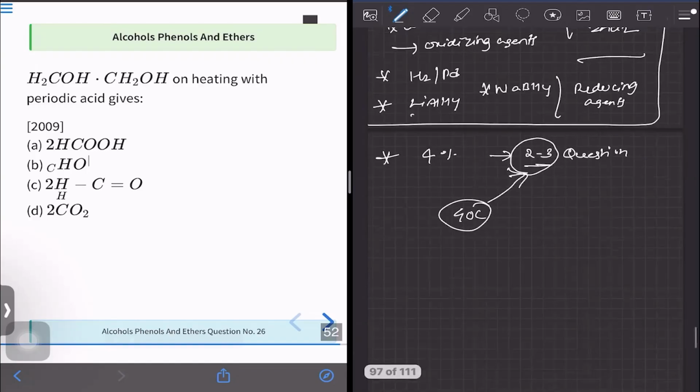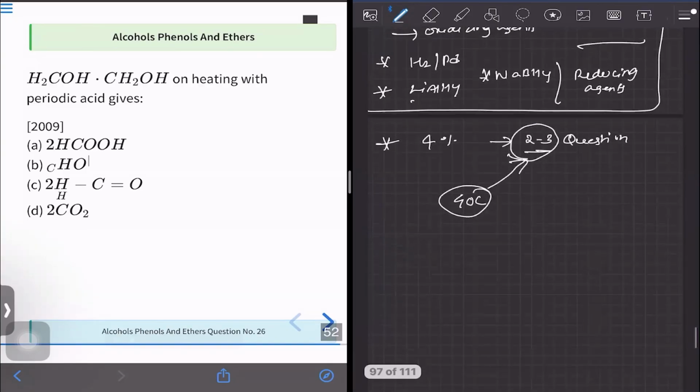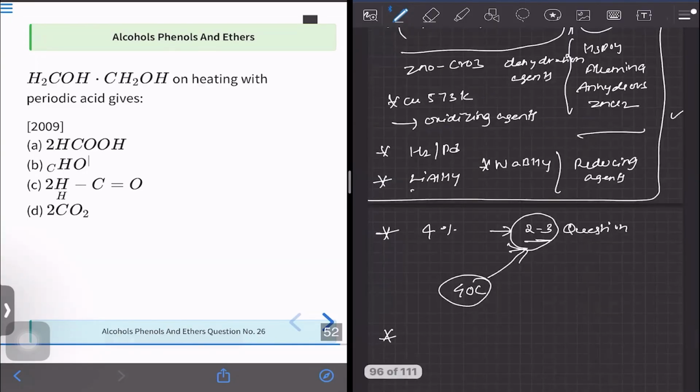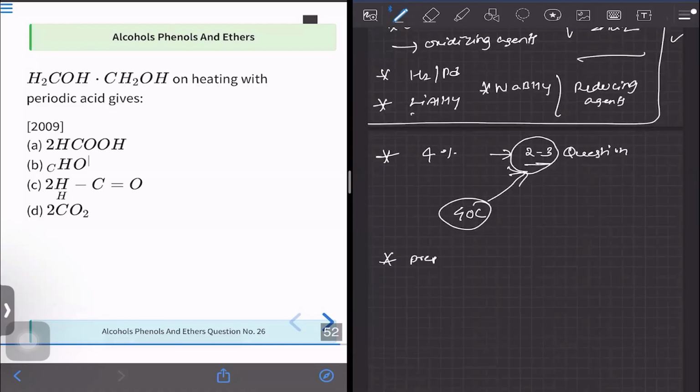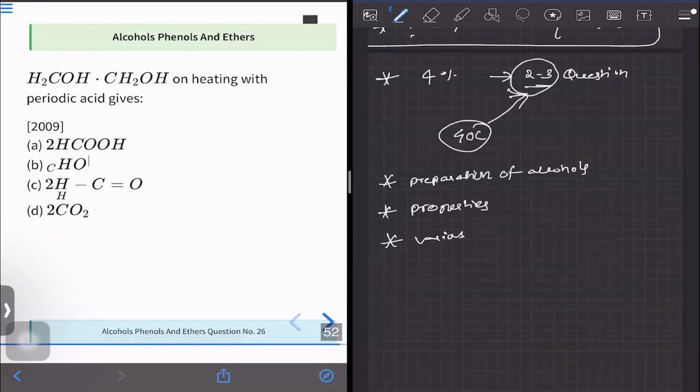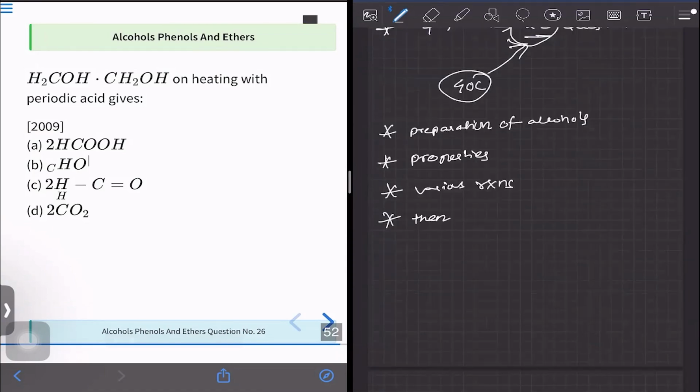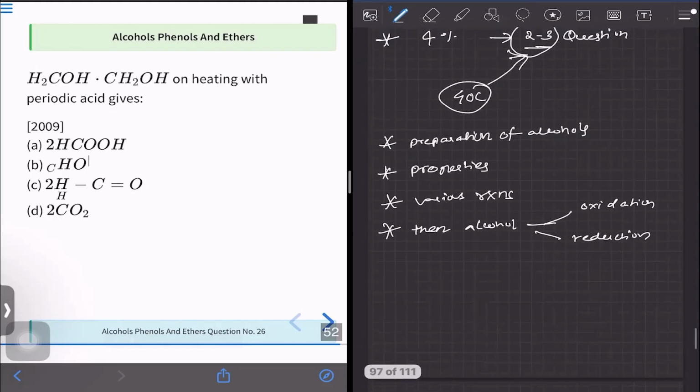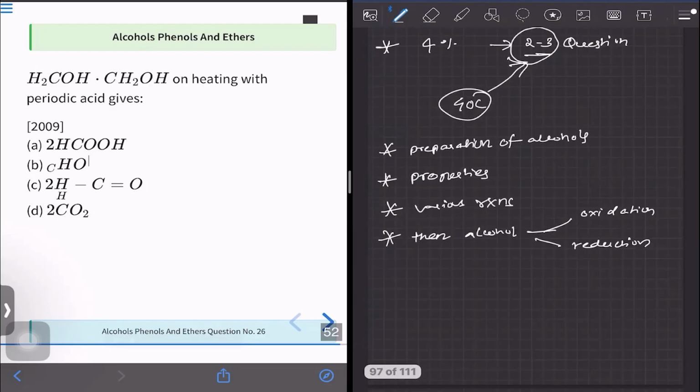And after learning GOC, you have to remember these agents along with the preparation of alcohols, properties of alcohols, various reactions of alcohol, and how alcohol on oxidation and on reduction, what does it produce. You have to learn everything about alcohol in this manner. Like this only, you have to read about phenols, and also ether.